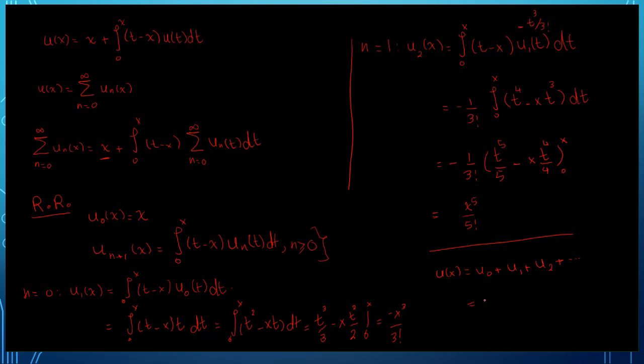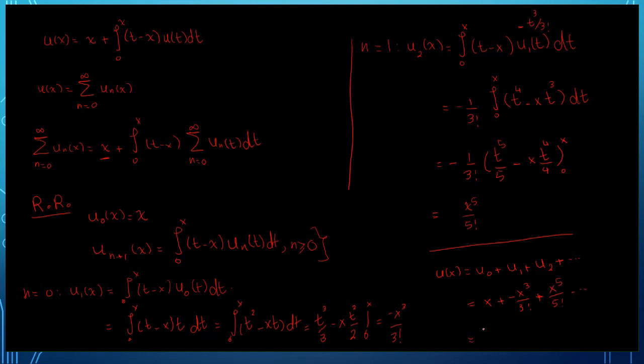Our u0 is x, u1 is minus x raised to 3 over 3 factorial. Our u2 is x raised to 5 over 5 factorial, and so on.